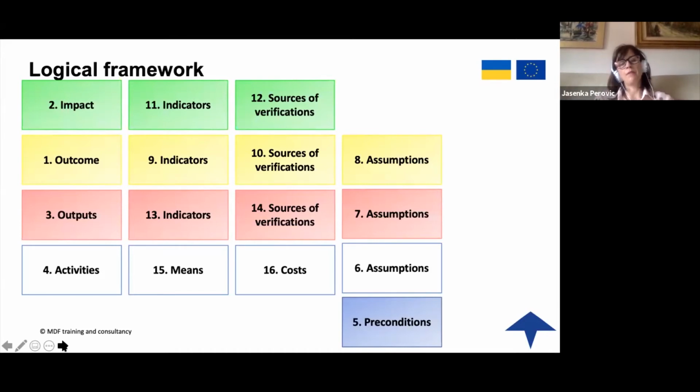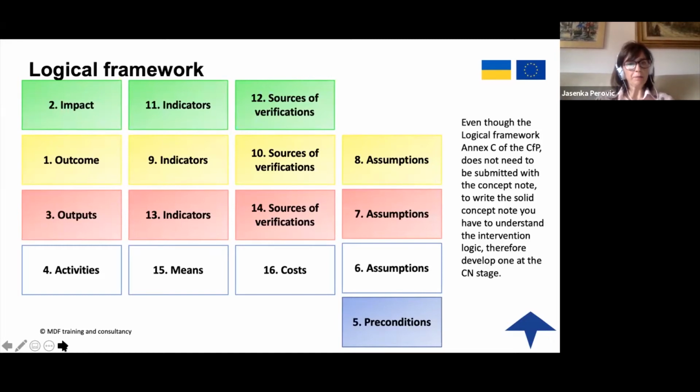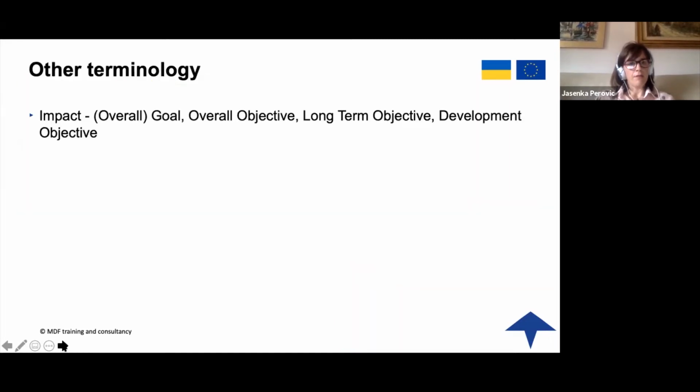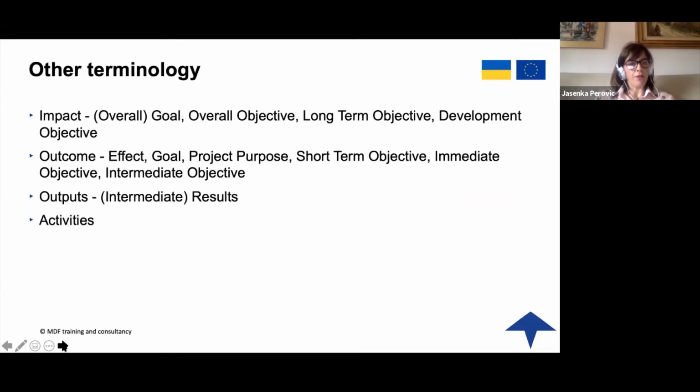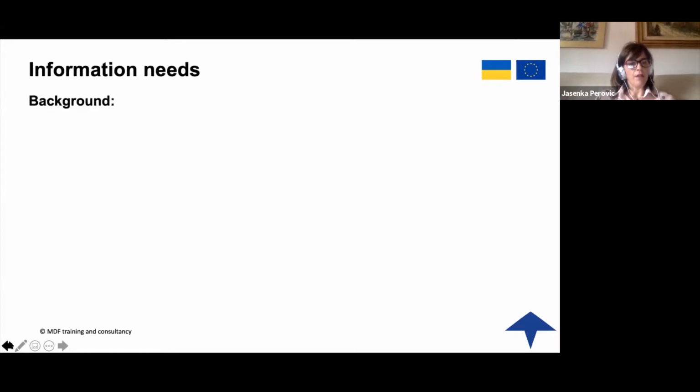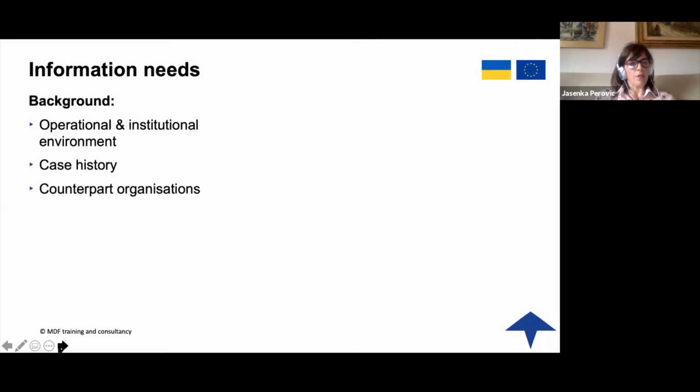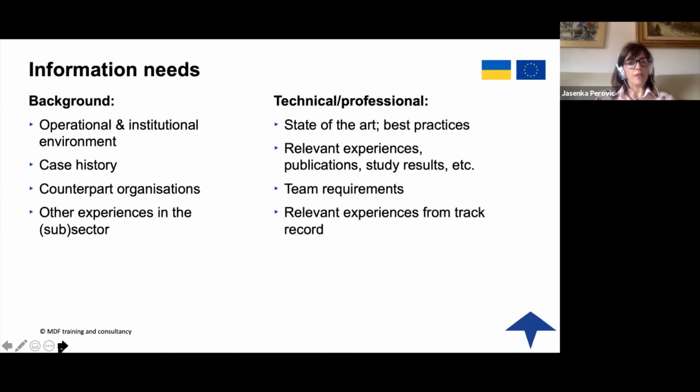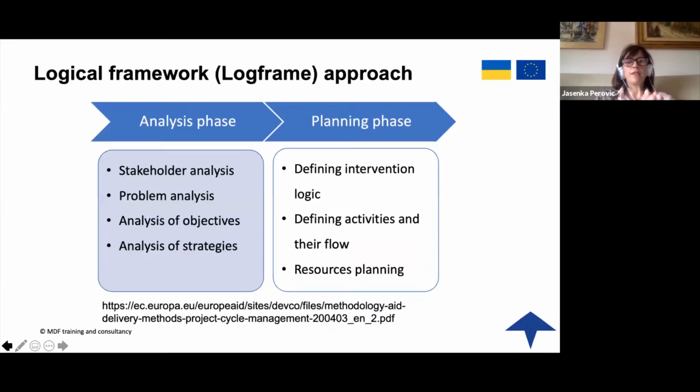You have to have some activities take place prior to developing the logical framework. Just one second, I will come back to this slide. They are referred to as the analysis phase and the planning phase, okay? And we will go through the steps of the analysis.